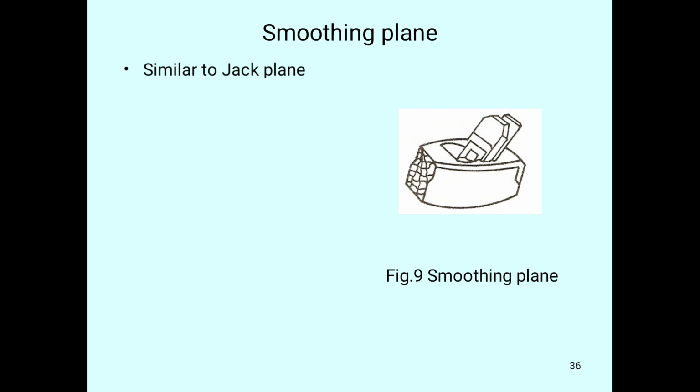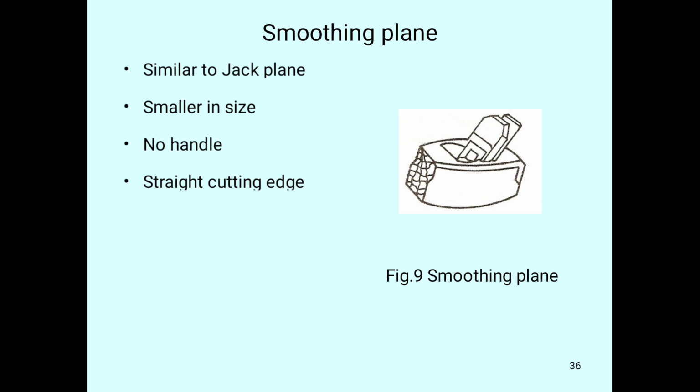The smoothing plane is similar to the jack plane, but it is smaller in size. Because of its small size, there is no handle and knob to hold the plane.